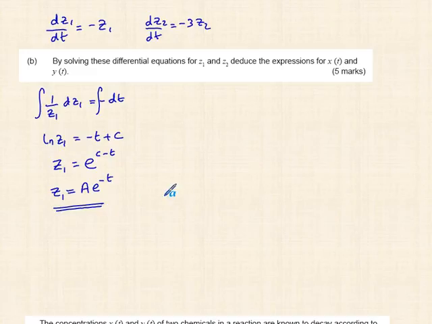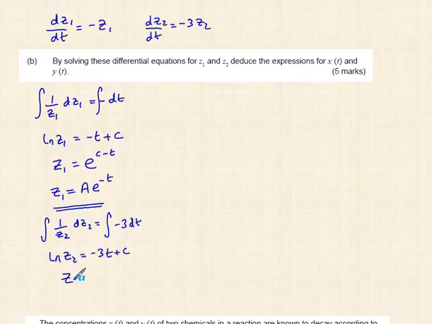So we'll just leave that one there for a second and work on this one. The integral of 1 over z2 dz2 would be the integral of negative 3 dt. So that's ln z2 is equal to negative 3t plus a constant.